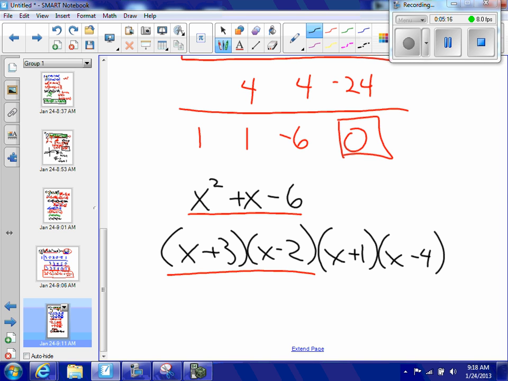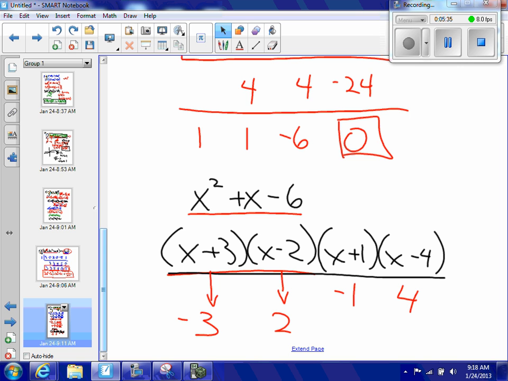So this is my entire polynomial. I already know that 4 and -1 are zeros, but now I can also see that 2 and -3 are my other zeros.